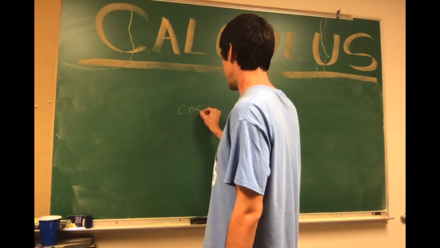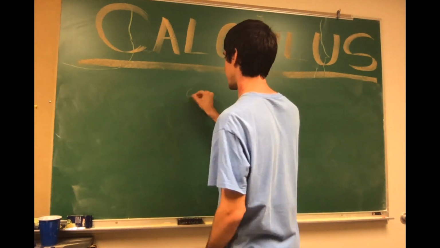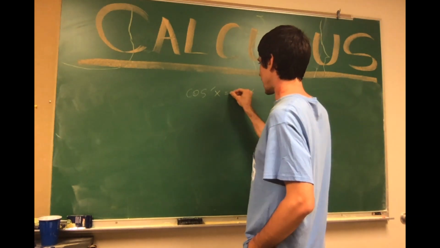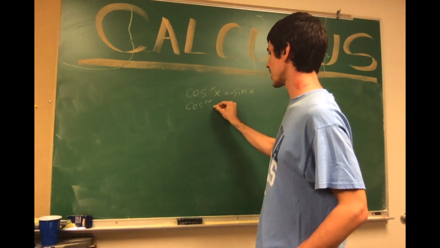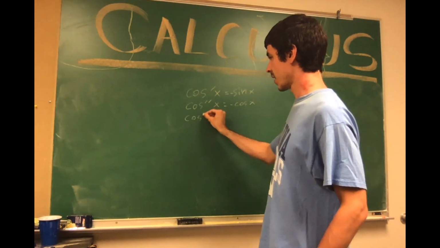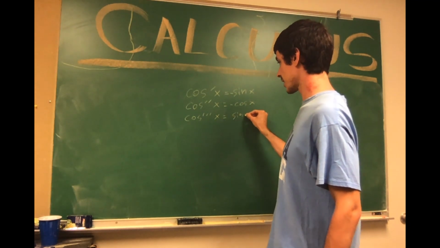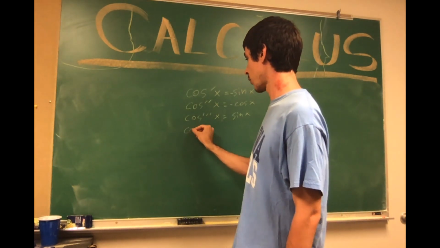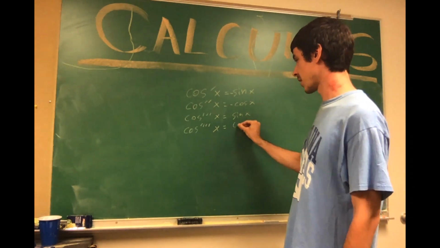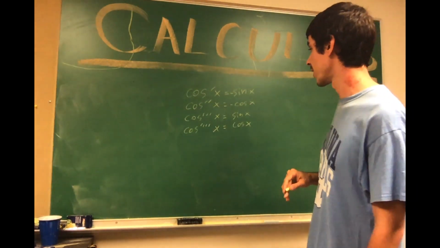A similar method can be used to approximate sine and cosine with arbitrary precision. We know what cosine of 0 is, and we know that cosine prime of x equals minus sine x. So cosine double prime of x equals minus cosine of x, and then the third derivative equals positive sine of x, and then the fourth derivative equals positive cosine of x again, and then it's just going to go back down the list, because we're just going to be taking more and more derivatives of the thing we already have.